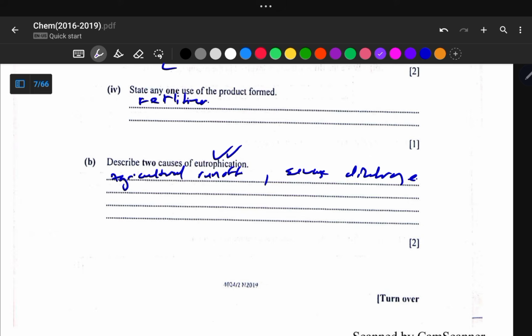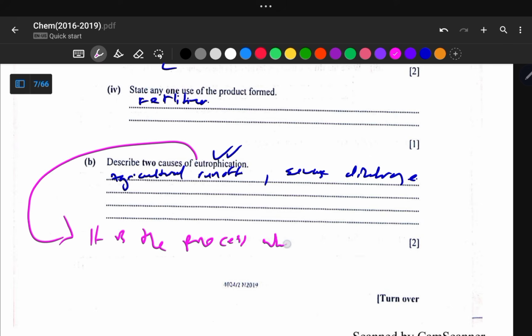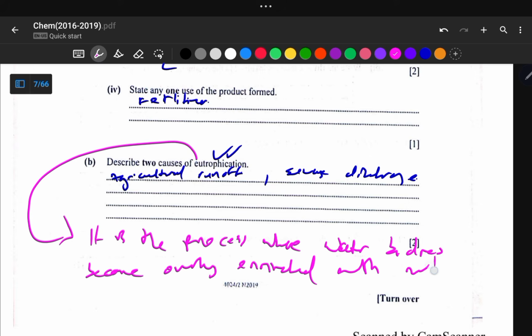So we can say eutrophication is the process where water bodies become overly enriched with nutrients, mainly nitrogen and phosphorus. You should write in words, not in chemical symbols, right?